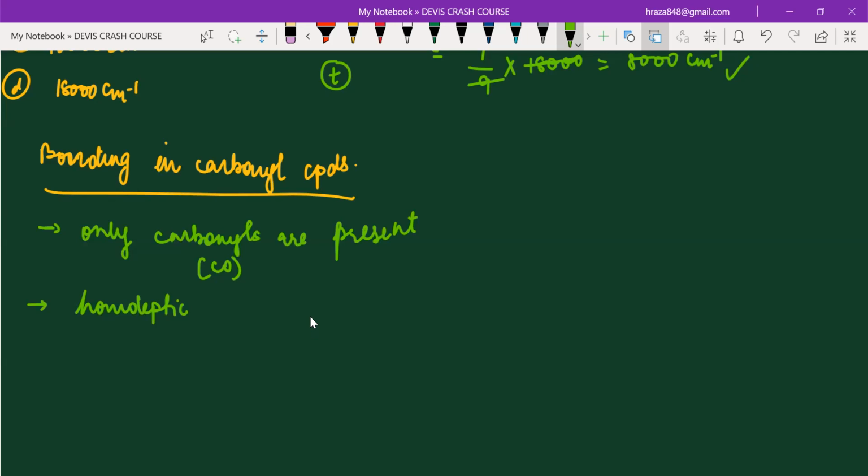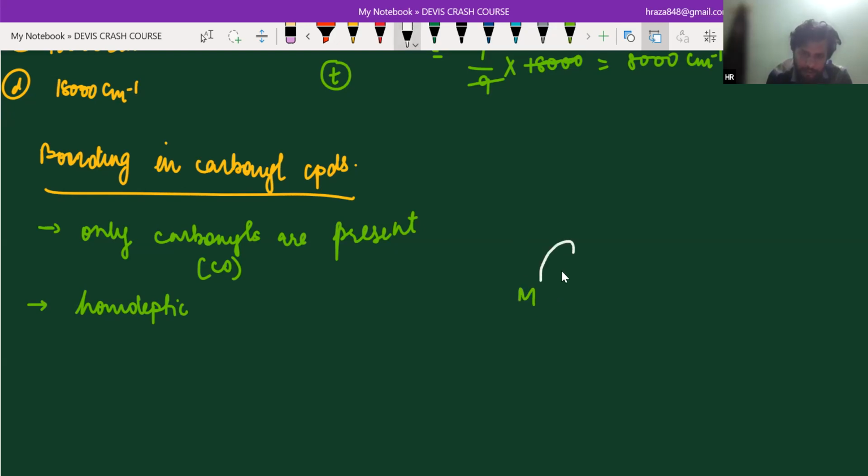Now there is a very important, easy structure. Do you know there will be sigma and pi bonds as well? This is your metal, and this is the orbital I'm going to draw.